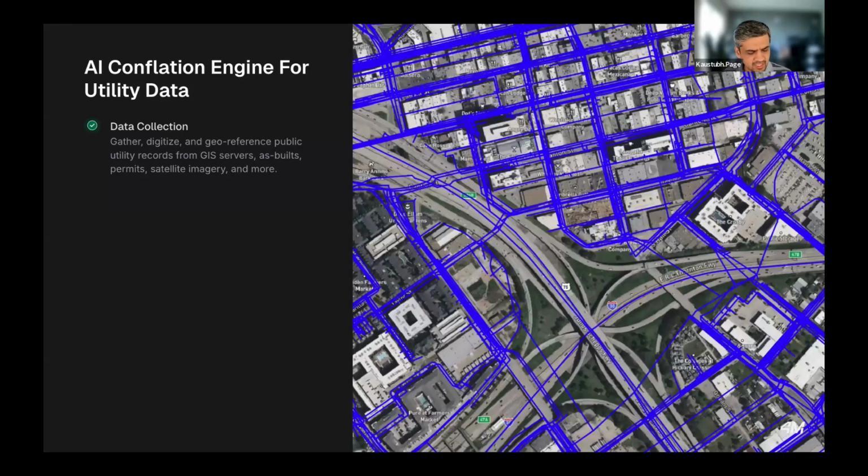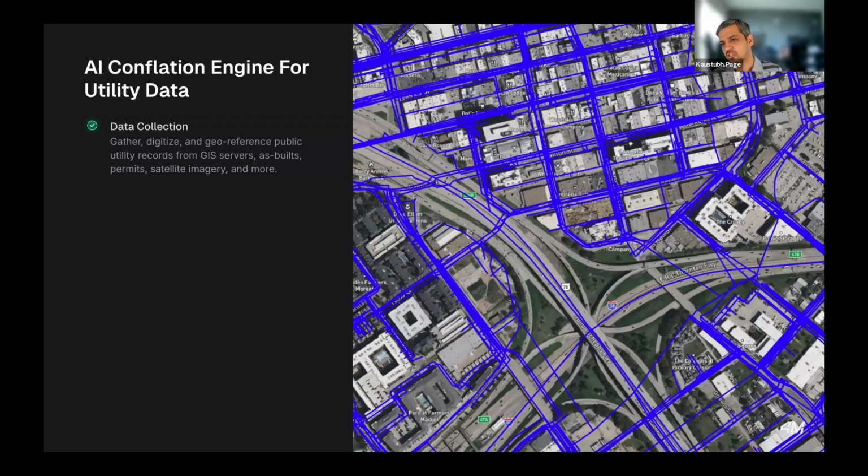So let's look at how we are doing it. We have built something called an AI conflation engine, and it took us substantial time, about 3 years, to build. At a state level, let's say Texas, California, Georgia, or Florida, we start with a collection of millions of data points.